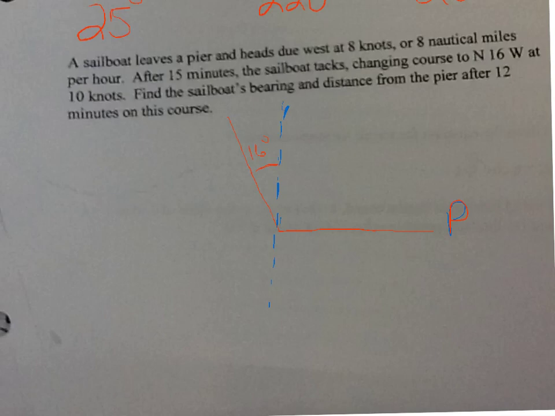All right, the question asks us to find the sailboat's bearing and distance from the pier after 12 minutes. So what we are looking for, here's the boat now, and there's its nice little sails maybe.